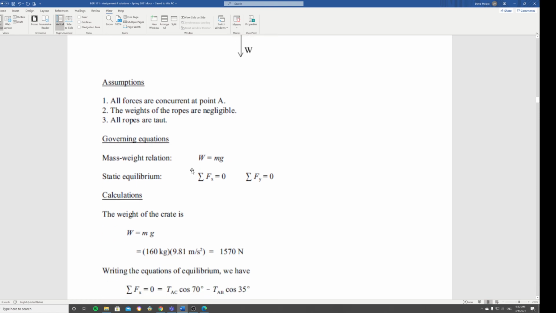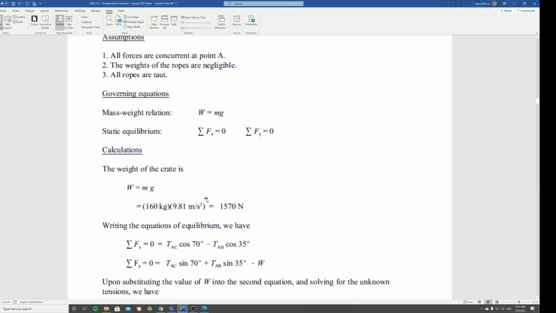Some of the equations: the weight is equal to mass times gravitational acceleration. And for static equilibrium, meaning essentially there's no acceleration, or in this case even no motion, all the forces acting in the x direction are equal to 0, and all the forces acting in the y direction are equal to 0. Those are our two equations. These are the equations for equilibrium.